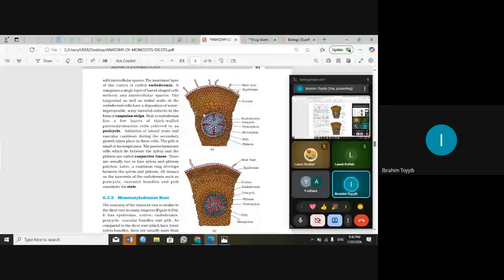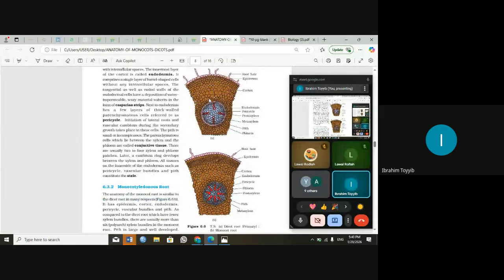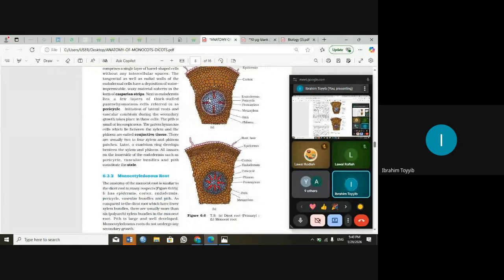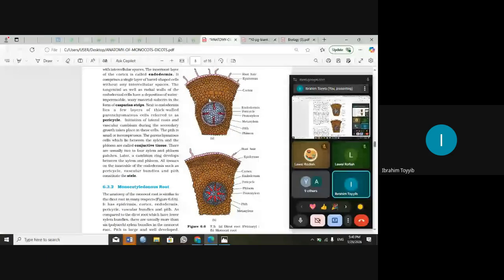Now, this is a monocot, this is a dicot root. Comparison between a dicot root and monocot root. A is dicot root, while B is monocot root. Can you see the shape? This shape is like a star, the shape inside the dicot root.